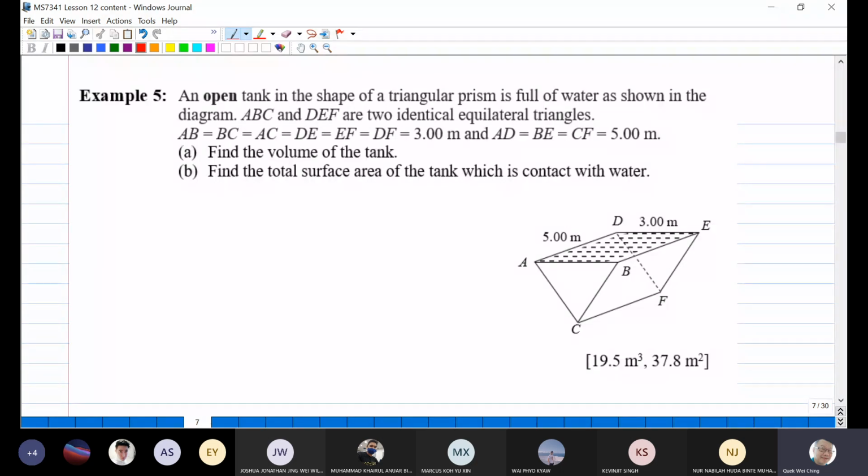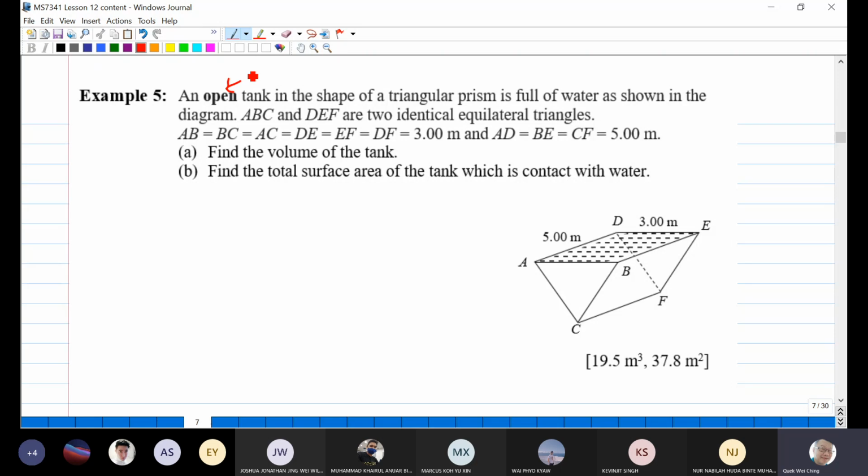Let's do the question first. So you have an open tank. What does it mean, open tank? It means the top is open now. The top is open, so the top has no surface, right? No surface in the top here.